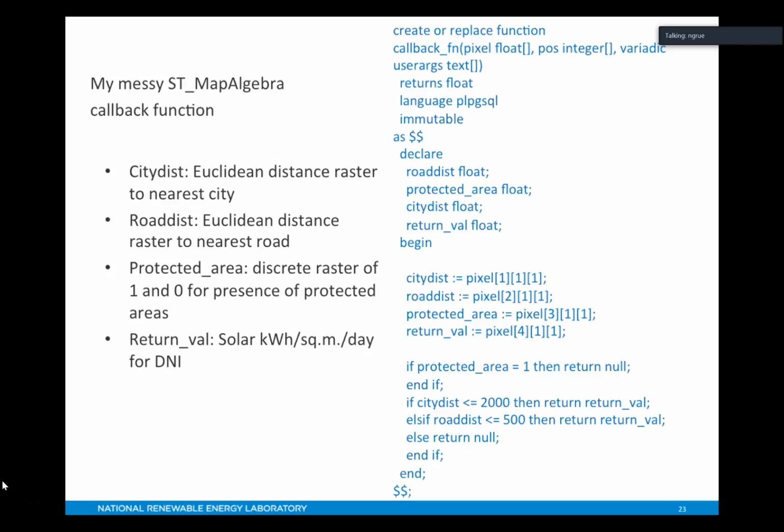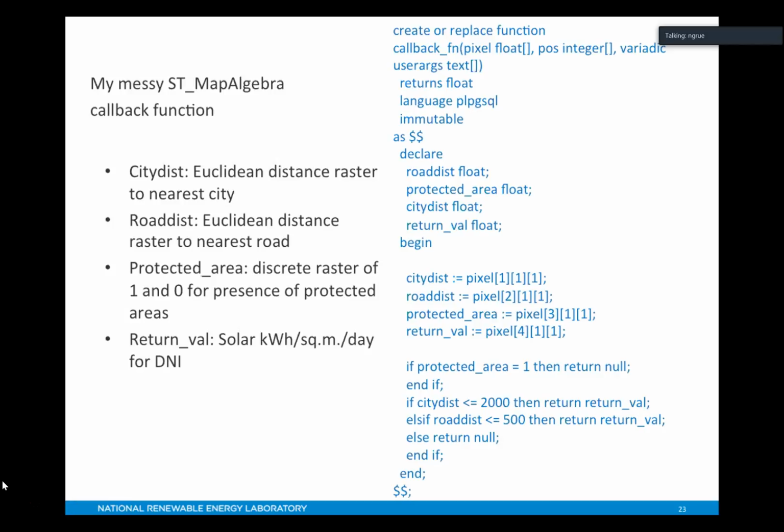Protected area is basically just a rasterized version of a vector data set. And so that's a discrete data set where you have ones or zeros, where ones are the presence of a protected area and zeros are the absence of it. And then the return value raster at the bottom is in the fourth position. And those are just the values that you're actually looking to get back.